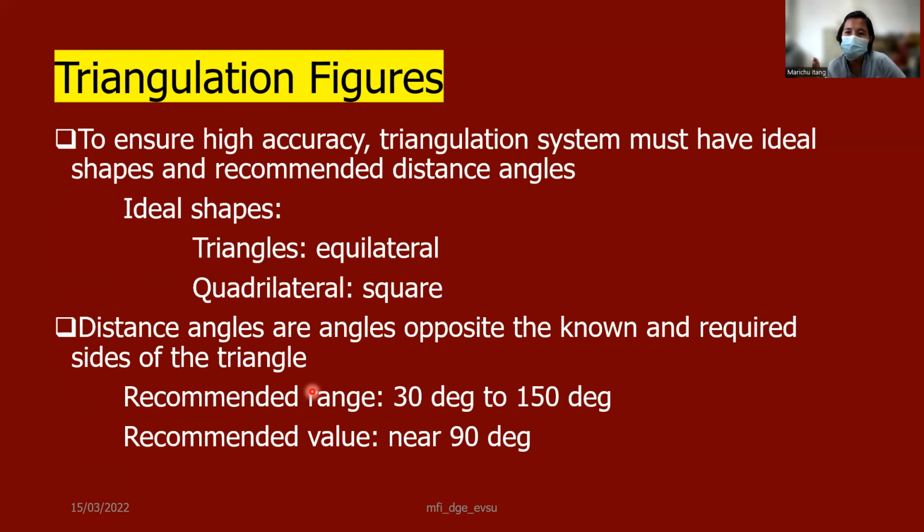So madaling mag-change yung value ng sine law pag lower yung angle. So yung dapat na angle is either 30 to 150. And then recommended again is 90 degrees yung angle, yung total angle mismo ng corner ng isang quadrilateral. Okay?